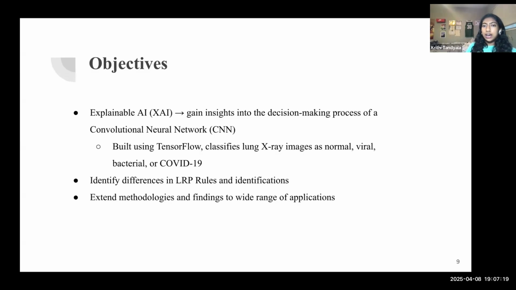And then after that, we're trying to identify the differences in the LRP rules. And then in the future, we want to extend our methodologies to find different applications for explainable AI, such as, right now we're doing COVID and pneumonia, but other applications like cancer and other diseases.